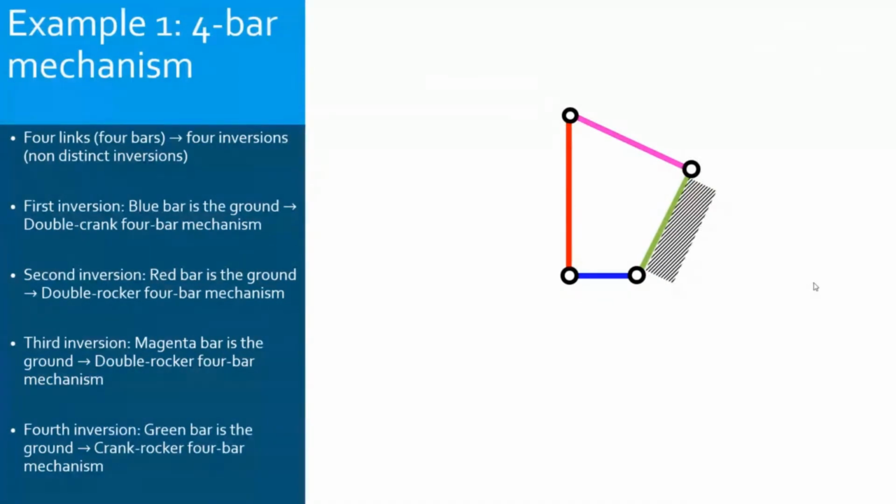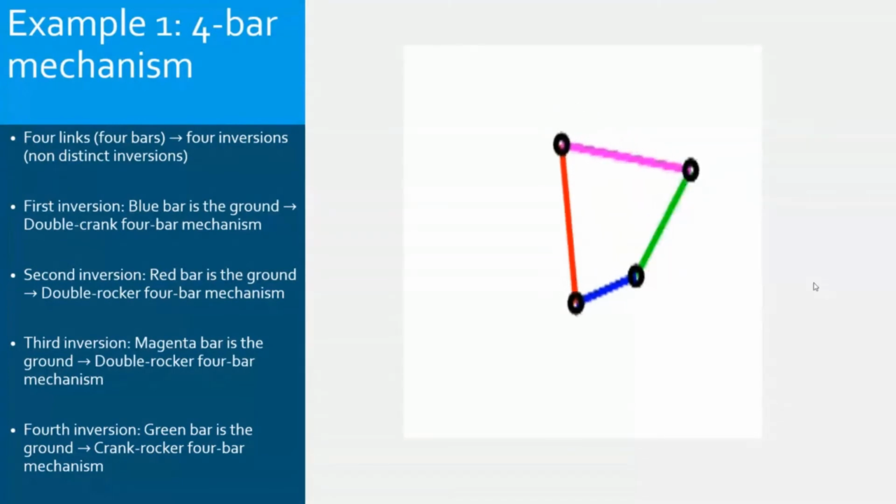And now the last one. The last one, I will block the green bar, and in this case, I will have the blue bar, the red bar, and the magenta bar moving, rotating.